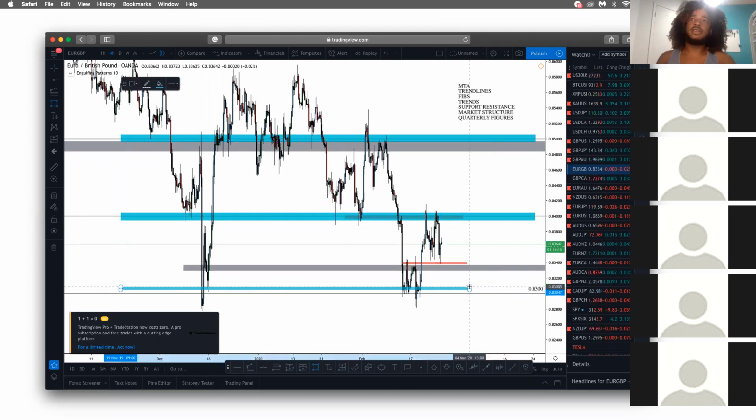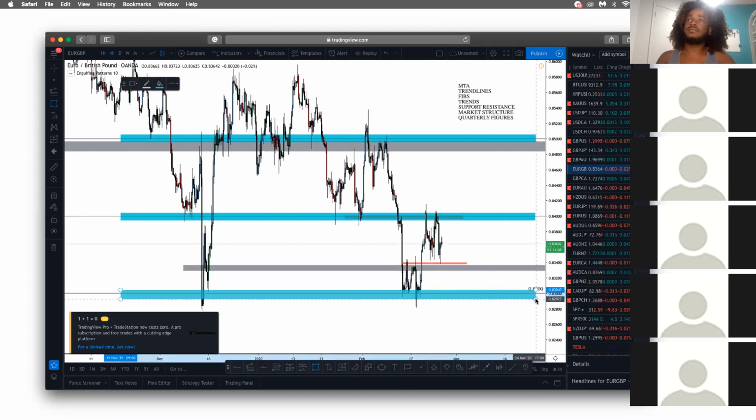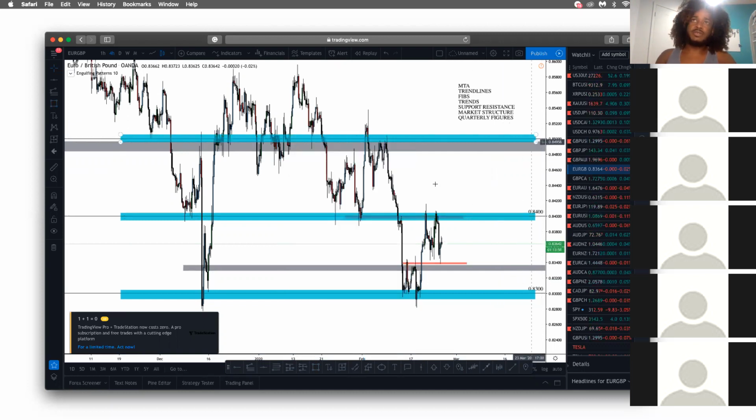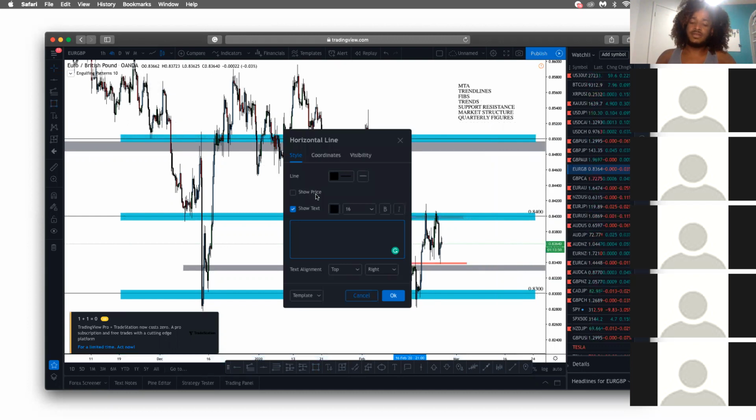This is the 4-hour time frame. This would be 0.84, right? And this would be 0.85, right? 0.85.